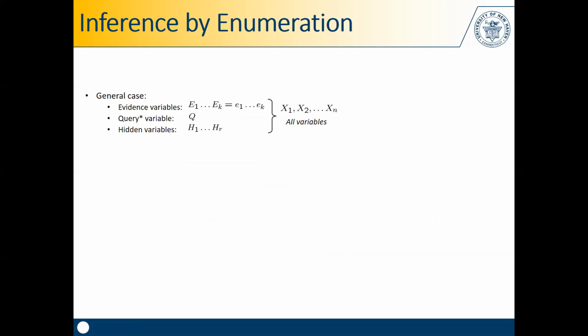Now, how do we perform this inference? I'm going to talk about a technique called inference by enumeration. In the general case, an inference problem can be formulated using evidence variables, what has been observed, things that the agent knows, and query variables, what we are curious about, what we want to find out.